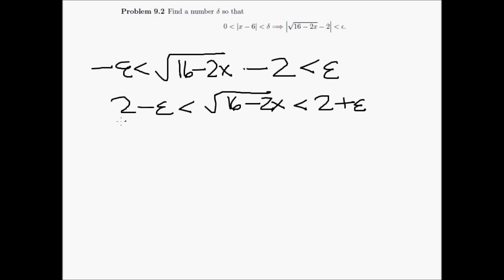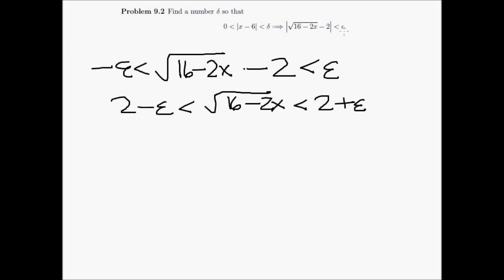Now technically, the inequality will only be preserved if everything here is positive. However, epsilon is usually going to be a small positive number, so if epsilon is less than 2, then the left-hand side here is still positive, so I can square everything and the inequality is still preserved. But that's a technical point: we can't simply square this without the assumption that epsilon is less than 2.